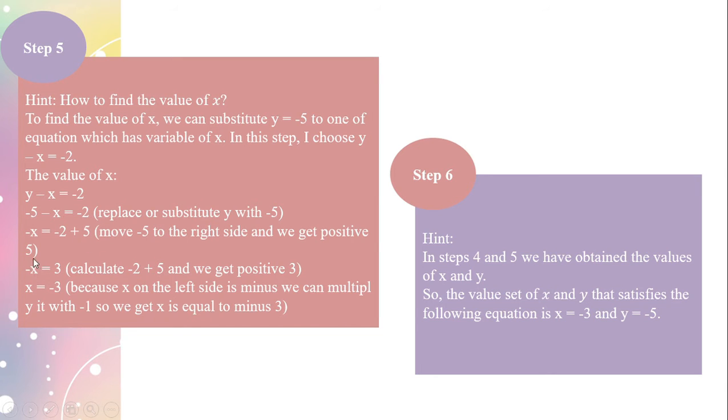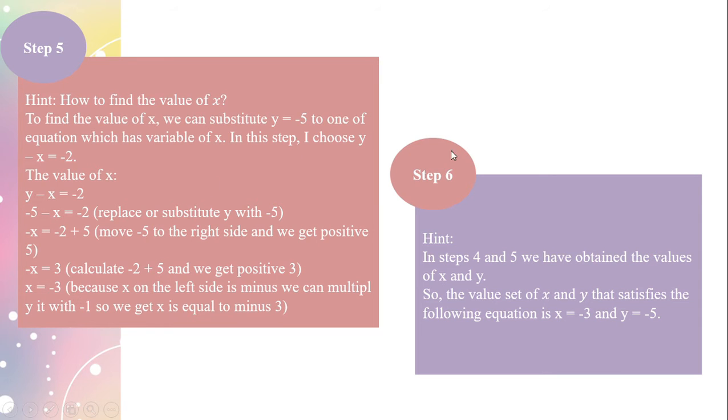So minus x is equal to 3. And it's the same as the steps before, we multiply both sides with minus 1, so we get x is equal to minus 3.